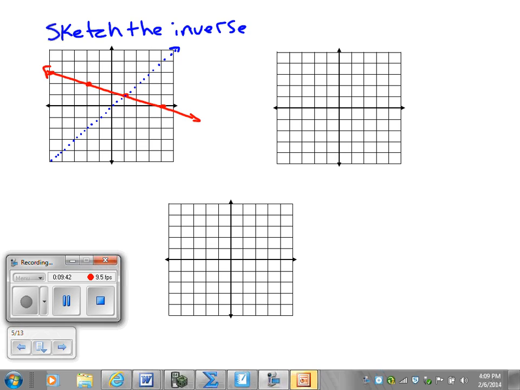So if I sketch that in, I can see this point is going to stay right where it was. This point here is going to go through and end up over here, and this point here is going to end up somewhere over here.